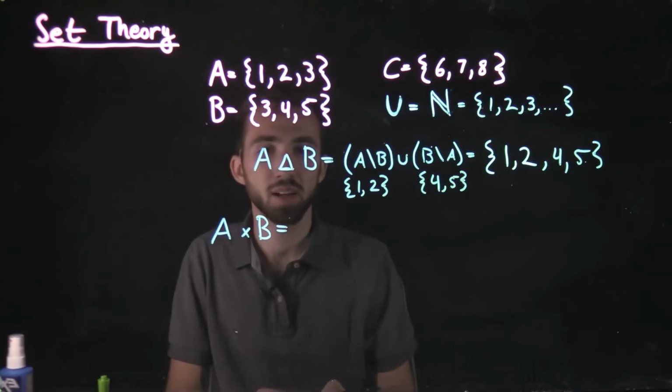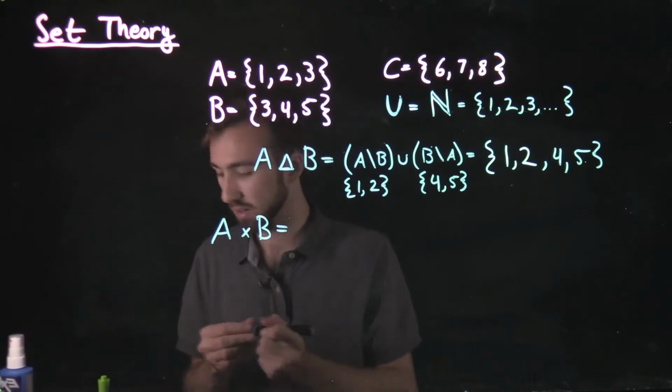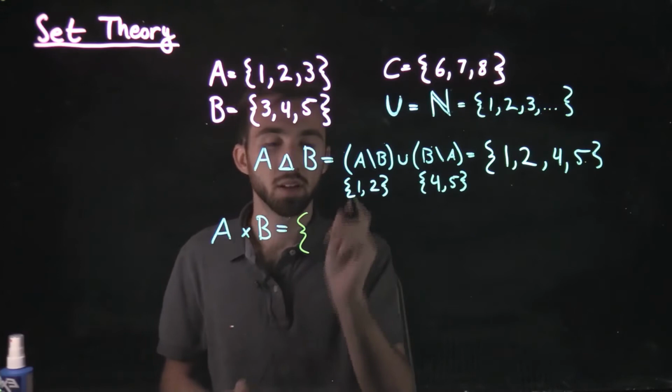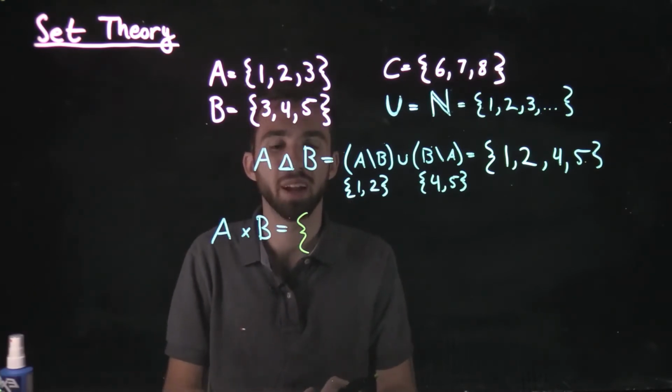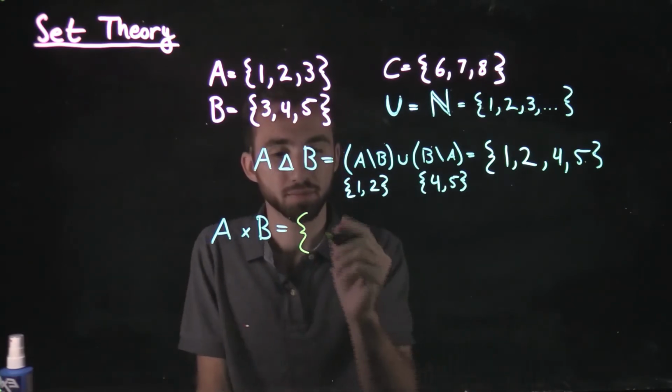Now the Cartesian product is not tricky, it's just tedious. I'm going to use a different color. I'm going to go back to that green because I like this green. It's the set of all ordered pairs. Now this is going to take a long time, so I'll do the first 2 or 3 and then I'll skip to when it's all done.